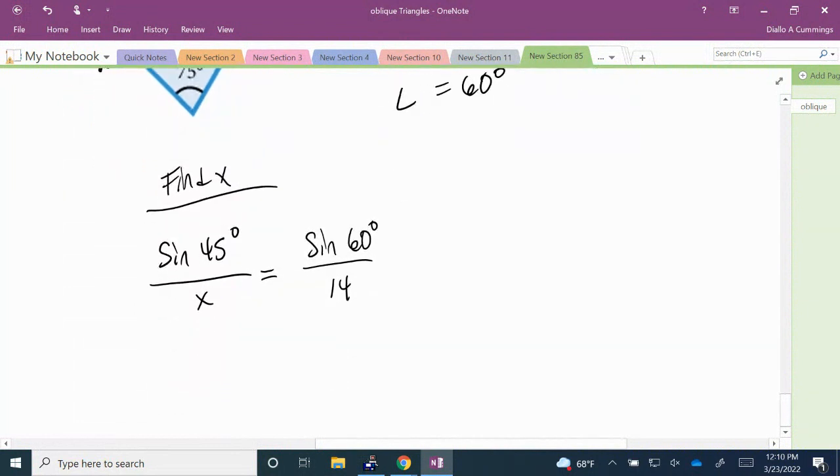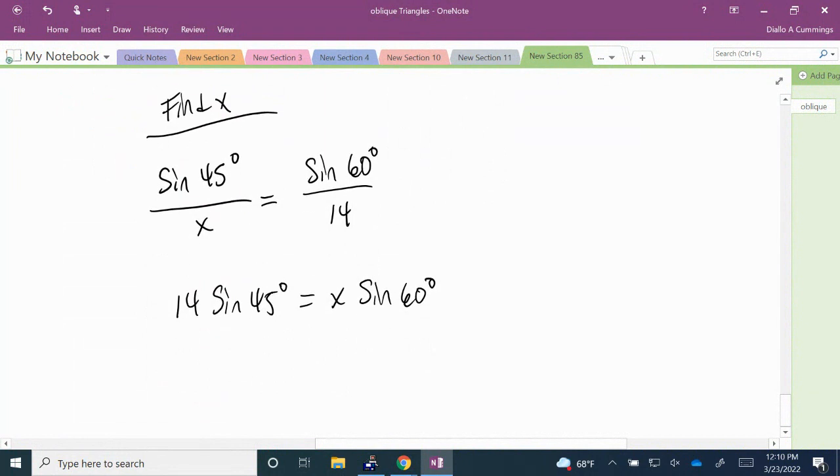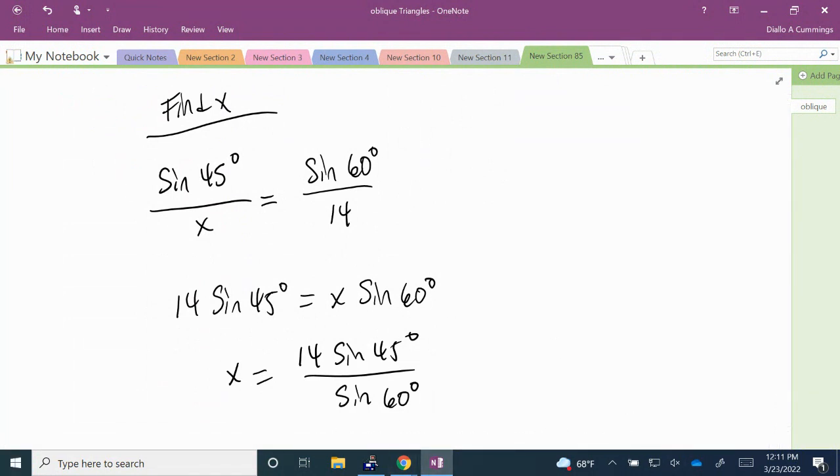I can cross multiply, so we have 14 times the sine of 45 degrees is equal to X times the sine of 60 degrees. I can solve for X by dividing both sides by the sine of 60. So I have 14 times the sine of 45 degrees divided by the sine of 60 degrees.